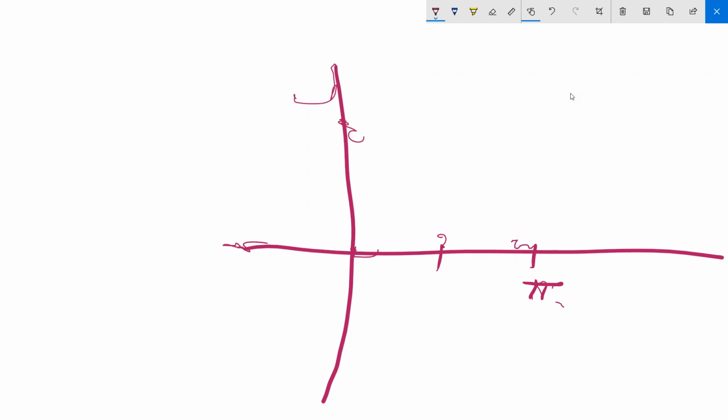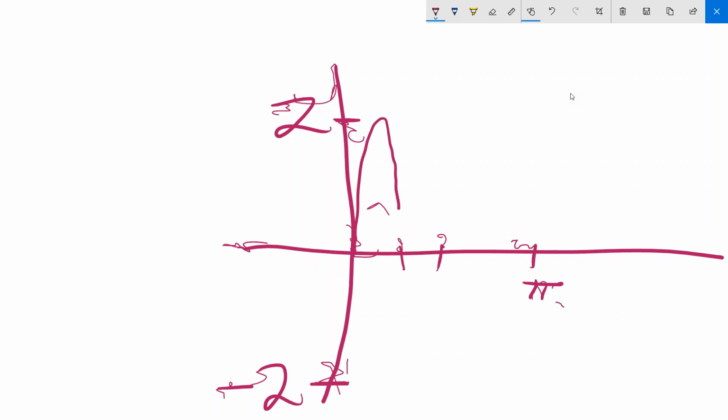Then I'm going to go up to 2, down to minus 2, and make the whole thing look like this. And the question is, what is the equation of that curve?